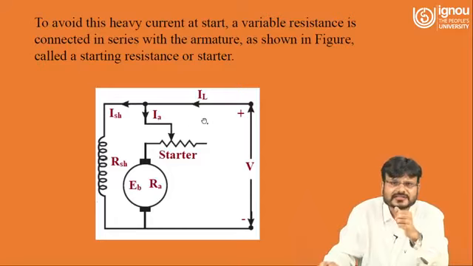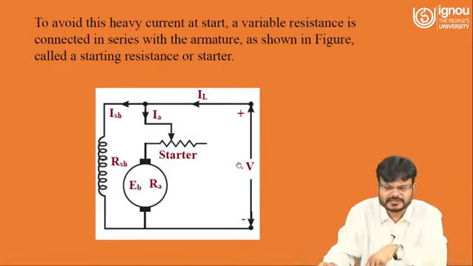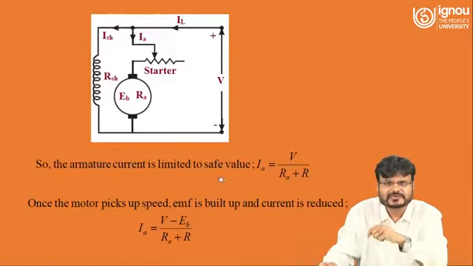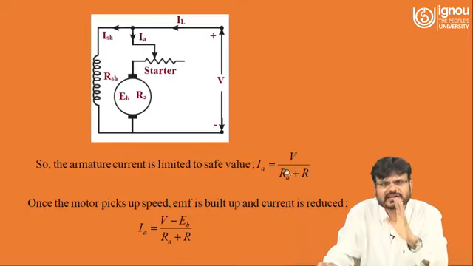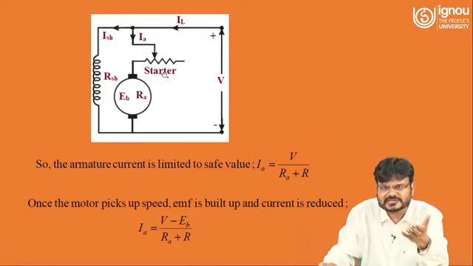Here this IL is the load current, and this V is the terminal voltage. As I already told you, the armature current is limited to the same value, that is IA is equal to V upon RA plus R. This RA is the armature resistance, and this R is the resistance of the starter.